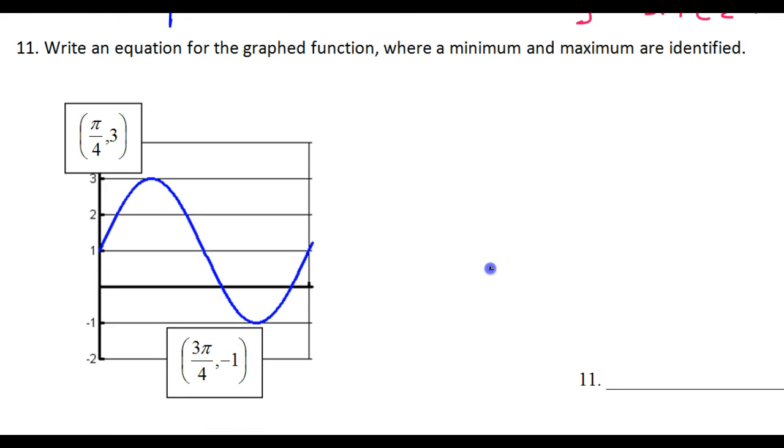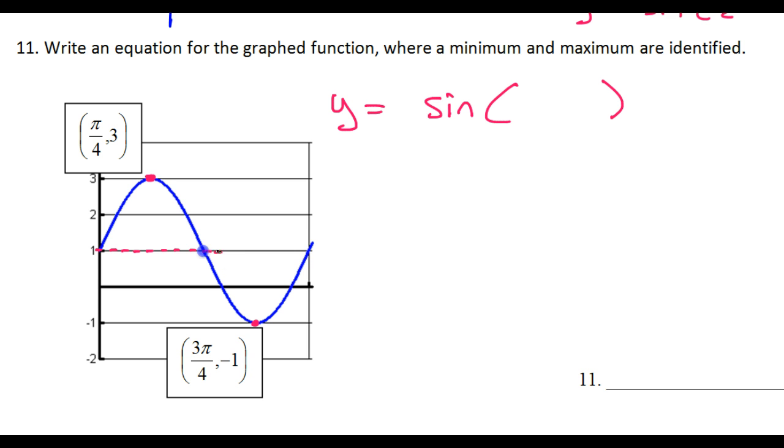Write an equation for the graphed function where a minimum and a maximum are identified. We're told that this is the maximum and this is a minimum. At a glance I can see this is some sort of sine function because of the way it starts off at the midline.